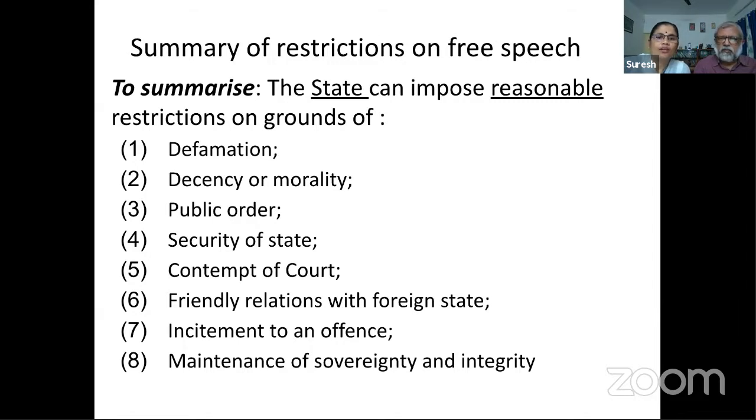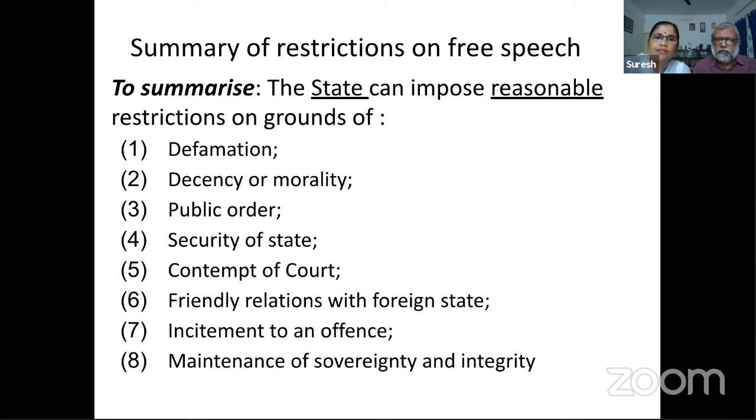So this would help you to get a clearer understanding of it. So I won't read it all over again. Now, this is broadly just to give you a summary of the content of clause 19(1)(a) and the restrictions which are in clause 19(2).